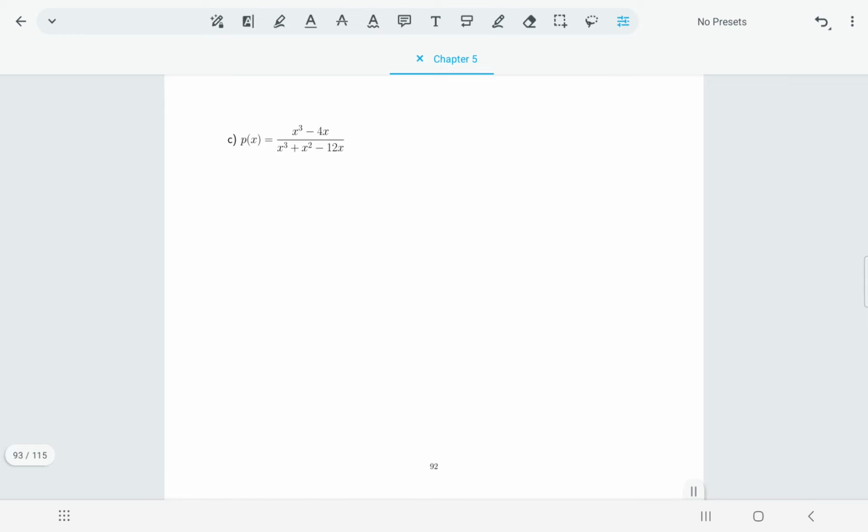Okay, one last one to work on, and this is p of x. Again, I'm going to do a quick little bit of factoring here. For the numerator, I can take out x, which would leave me with x squared minus 4, which would factor as a difference of squares, x plus 2, x minus 2.